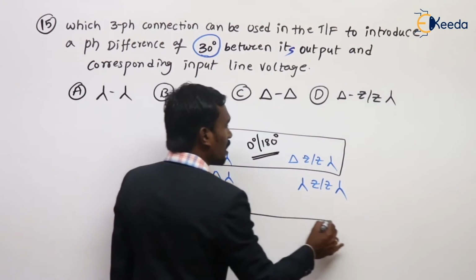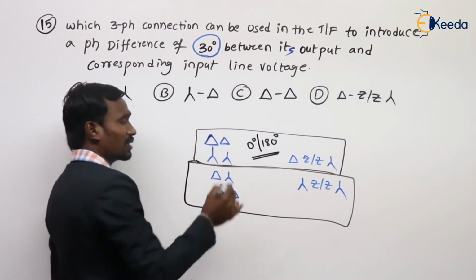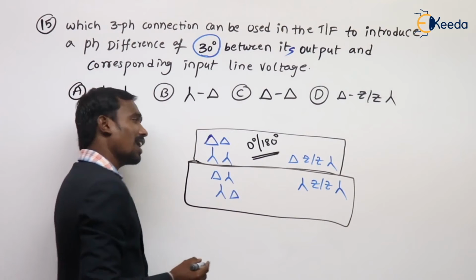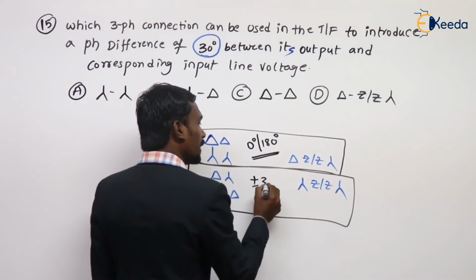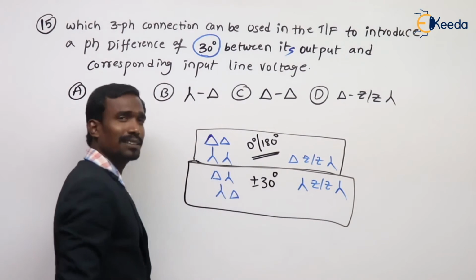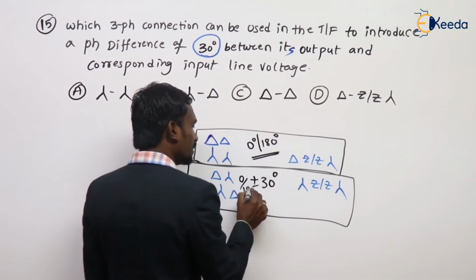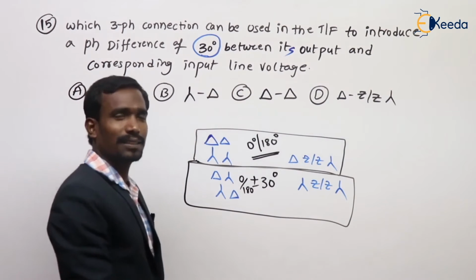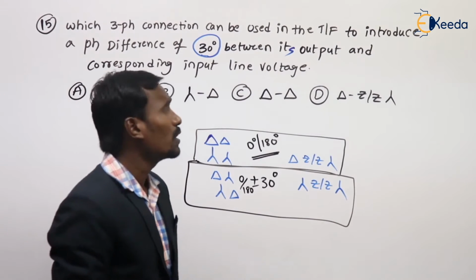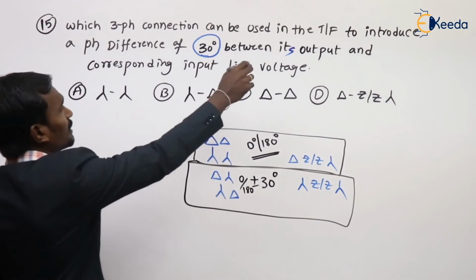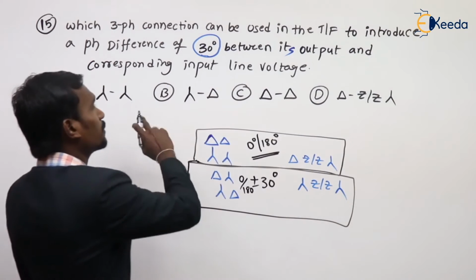But in star delta, delta star and star zigzag star, the phase displacement is plus or minus 30 degrees. That is 0 plus or minus 30 degrees or 180 plus or minus 30 degrees. Now tell me, a 30 degrees difference, in which is it possible?